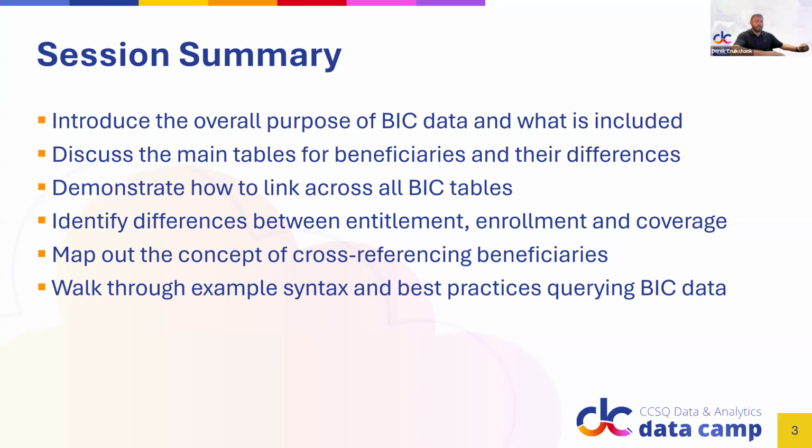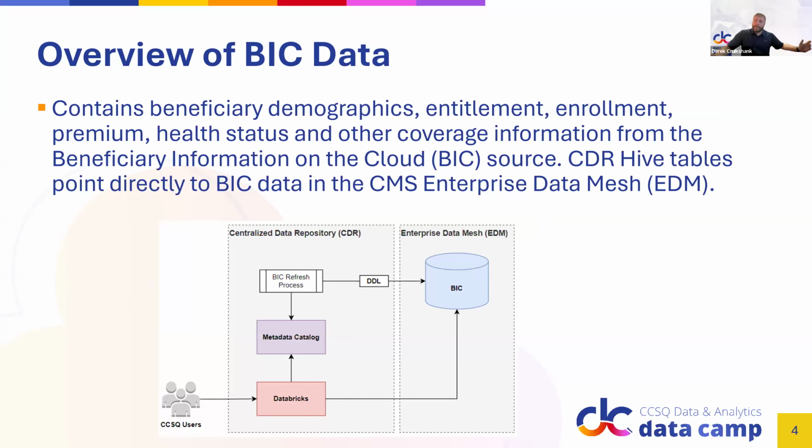So, what is BIC data? BIC data contains beneficiary demographics, entitlement, enrollment, premium, health status, and other different types of coverage information. It's actually stored within the CMS enterprise data mesh. We have our own internal process that goes out, extracts all of the DDL information, and refreshes the database tables within our metadata catalog.